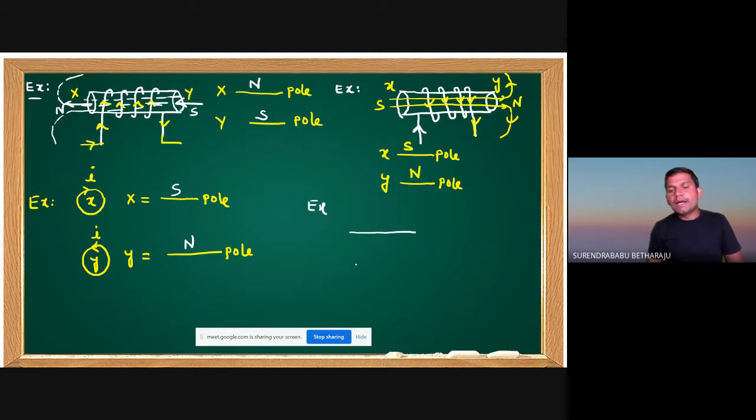Okay, let this be the coil, and this conductor is given like this. This is a conductor representation. The winding is represented like this.